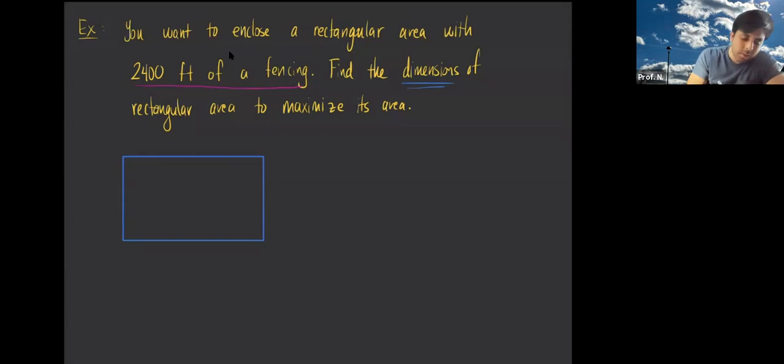That's right. So when we deal with these kind of problems, guys, you have to be able to translate things into mathematical terminology or into mathematical equations. So we're interpreting that the rectangular area has a perimeter for the fence of 2,400 feet. So we know the perimeter of this guy is 2,400 feet.